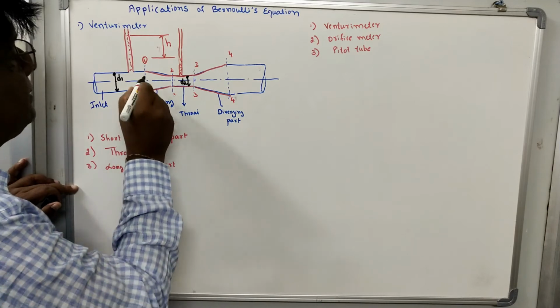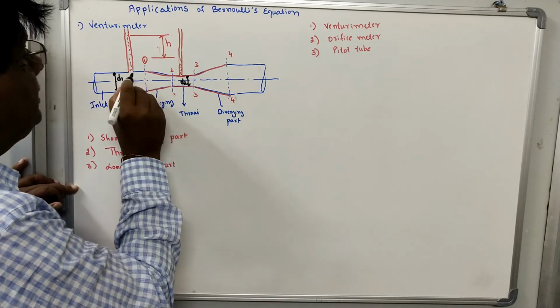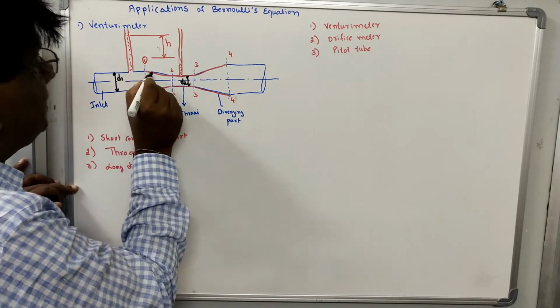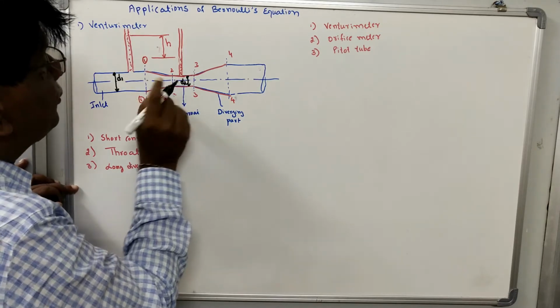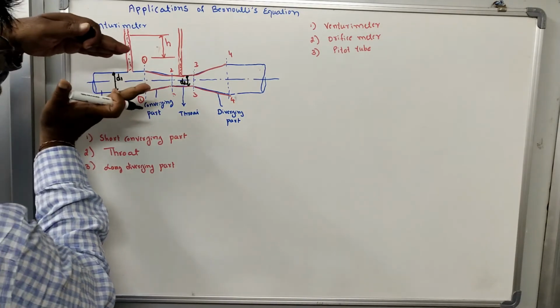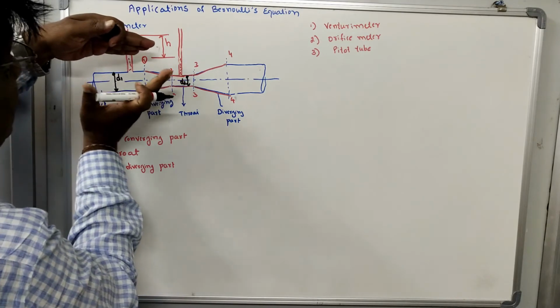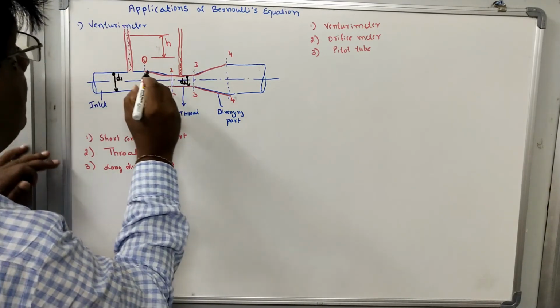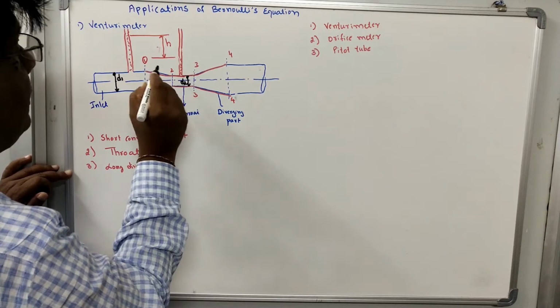This is the converging portion, meaning the diameter is reduced gradually from D1 to D2 between sections 1 and 2.